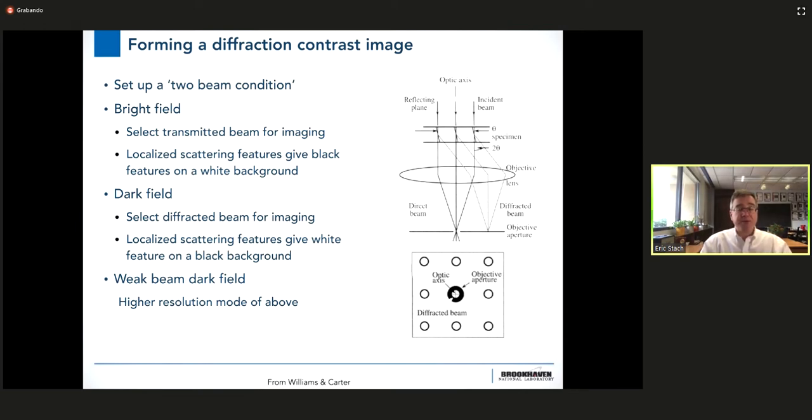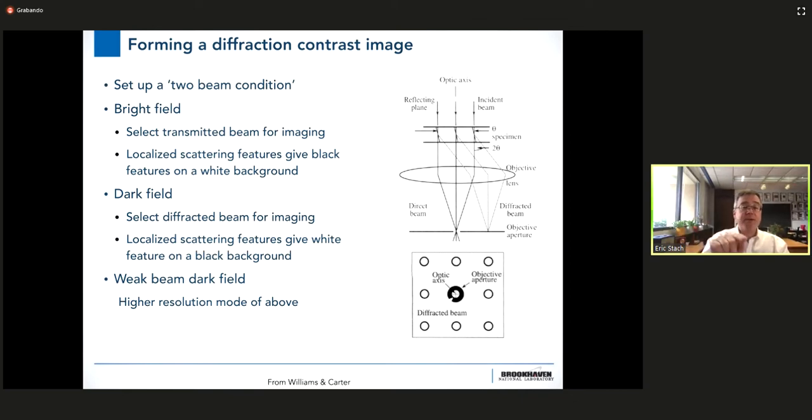And the result is that you see a bright image everywhere except for where in the sample the diffraction events are occurring strongly. So if you had a sample that had a particular type of defect, where that type of defect strongly diffracted into a particular direction, you would be eliminating that set of rays from contributing to the image that forms thereafter.